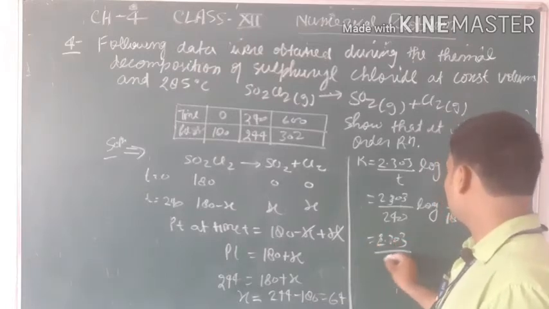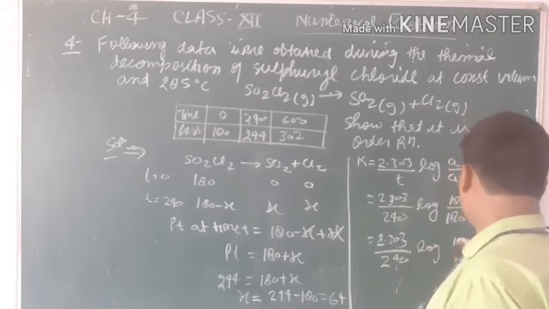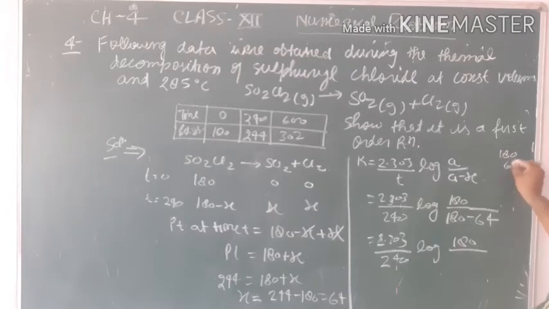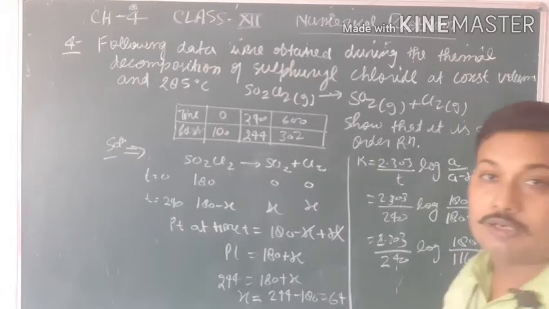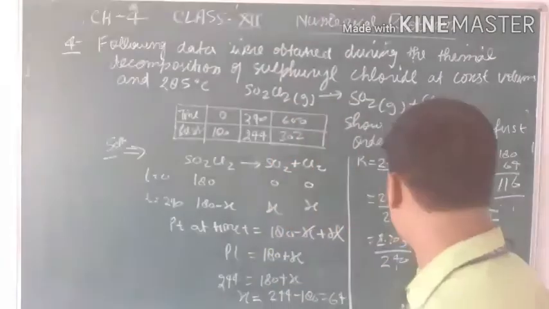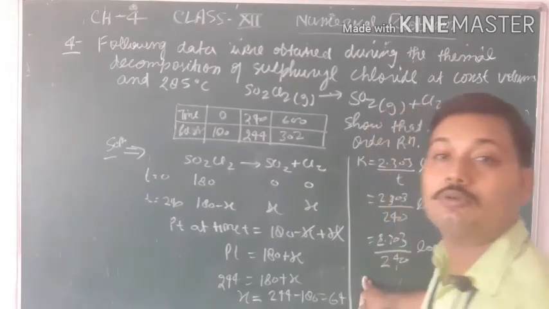So 2.303 upon 240 log 180 upon 180 minus 64, that is 116. On calculating the whole equation, we will get the answer. It's clear.